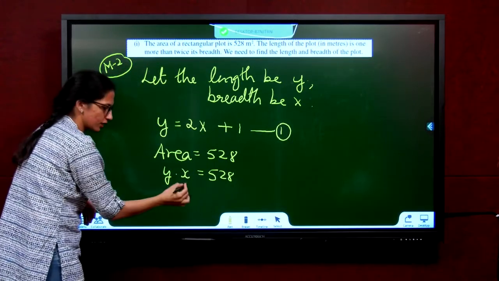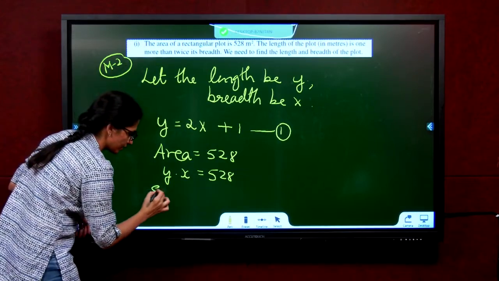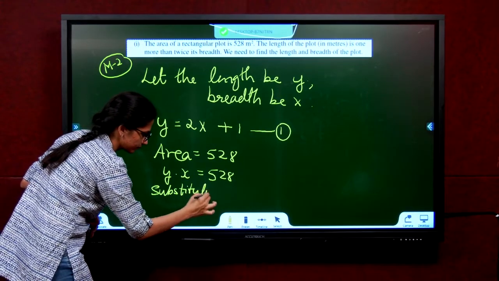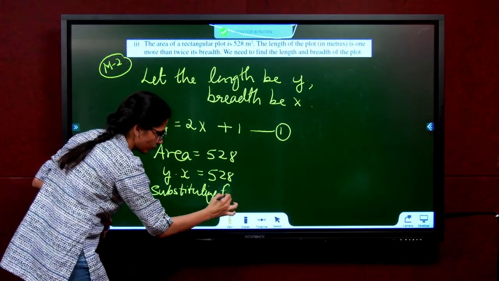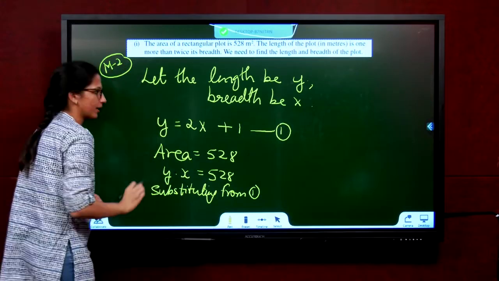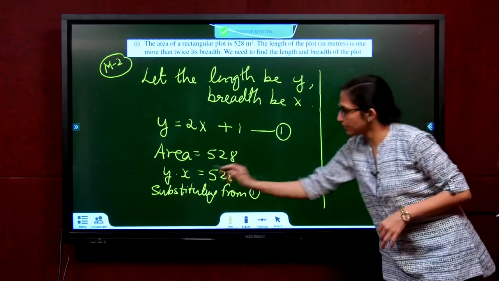I will substitute equation 1 here. Substituting from 1. That means take this and put it inside y. What happens here? 2x plus 1 is sitting there now.